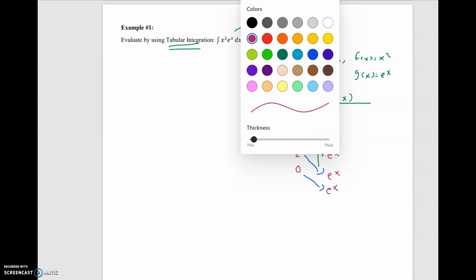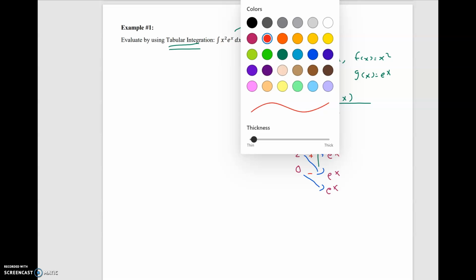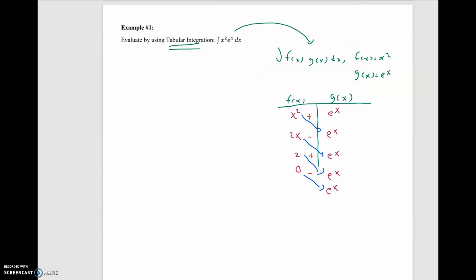And then also don't forget that there is a plus and minus. Let me write out the final answer here.